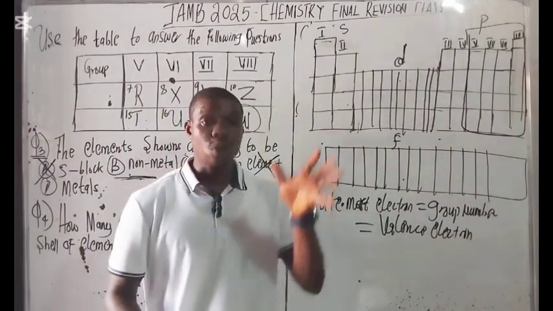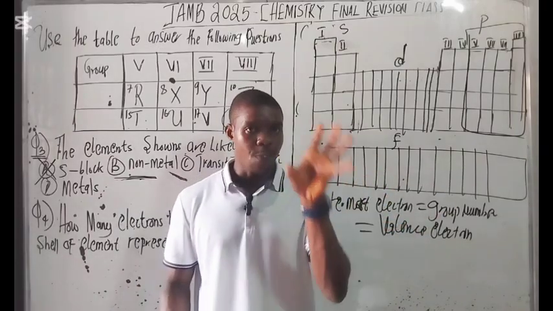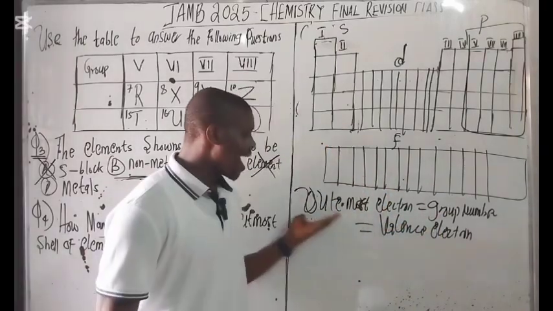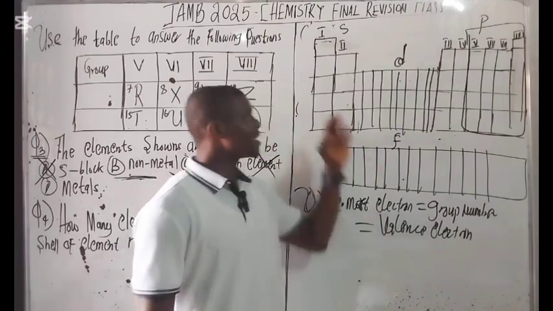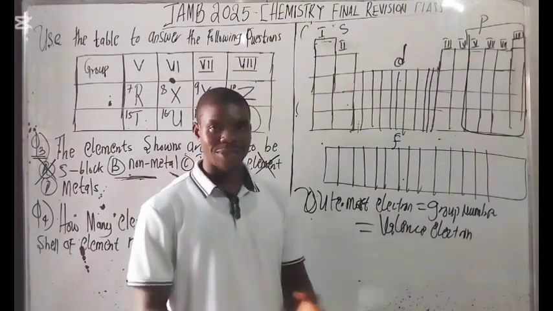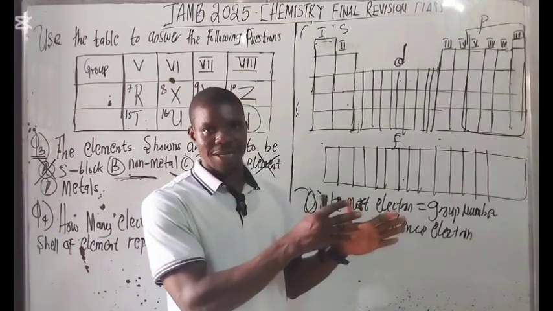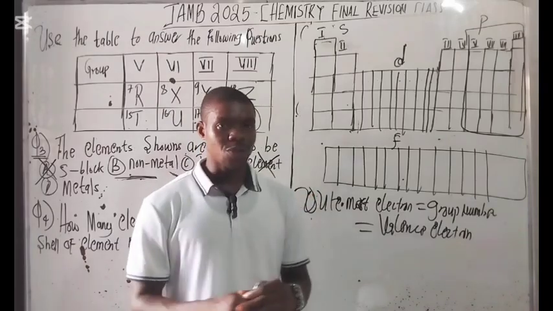So for elements in group 1, the group number is 1, the outermost electron is 1, and their valence electron is 1. Elements in group 2, their outermost electron is 2, their valence electron is 2. Elements in group 3, their valence electron is 3, and the outermost electron is 3.